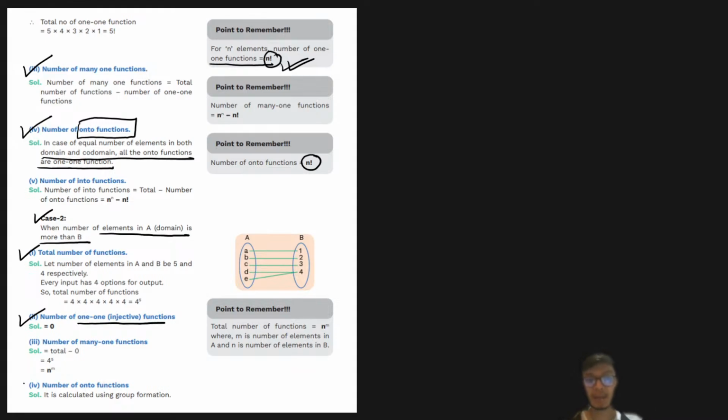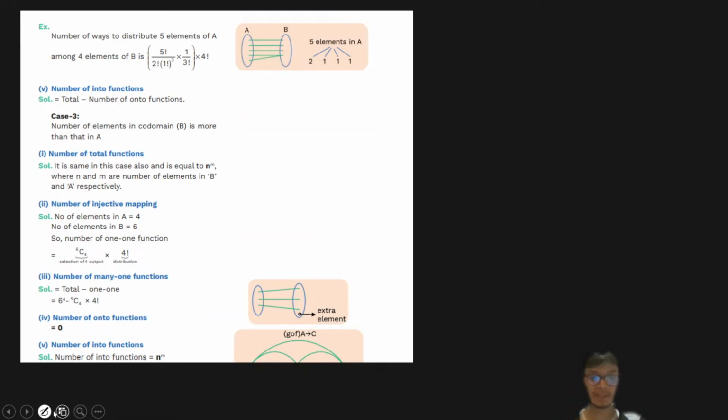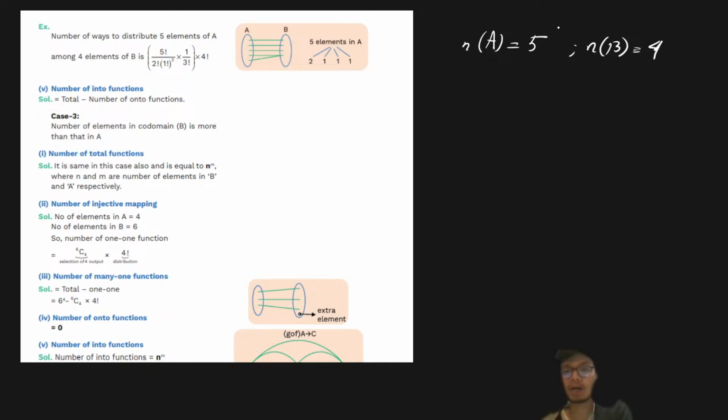Similarly, the number of onto functions can be calculated simply by using the group formation method. I will give you a simple example to illustrate this. Let's say the number of elements in A is 5 and the number of elements in B is 4.